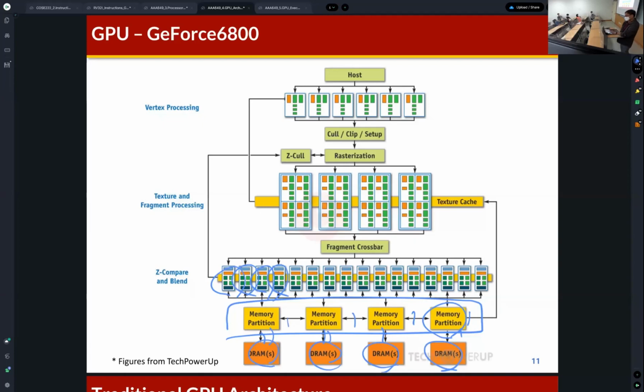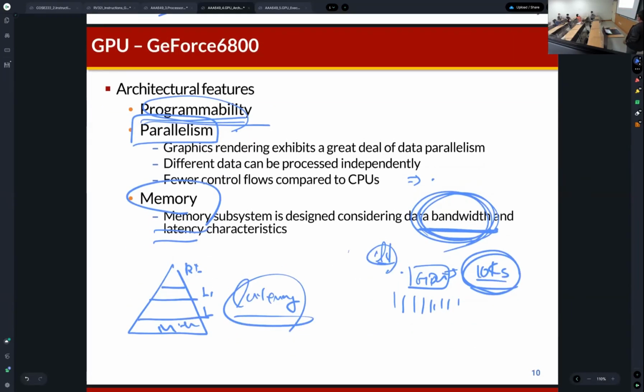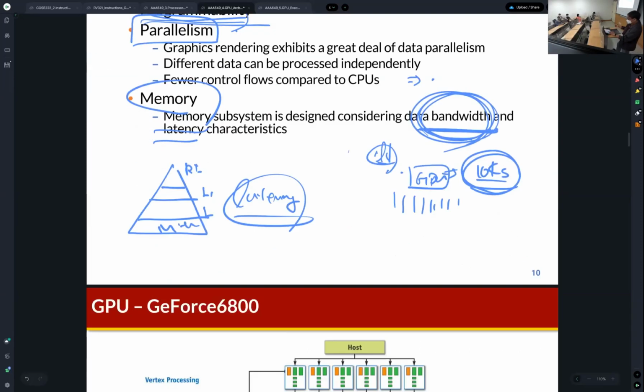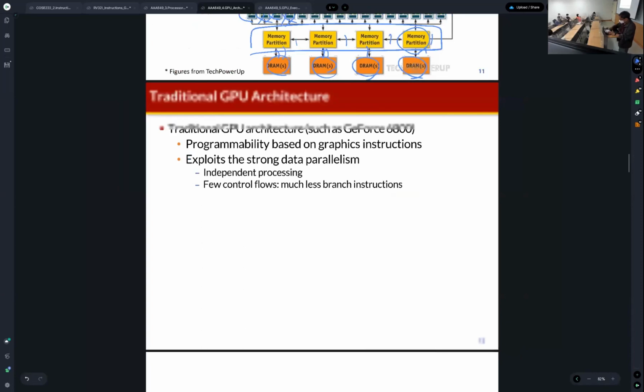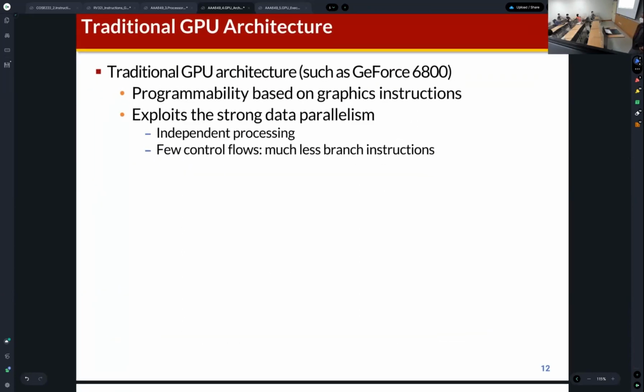Okay, but as you can see, the early GPU architecture also considers these features: programmability, parallelism, and high bandwidth memory. I already said that the GPU supports programmability based on graphics instructions.